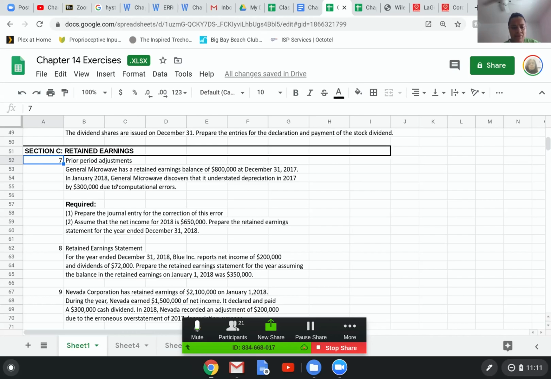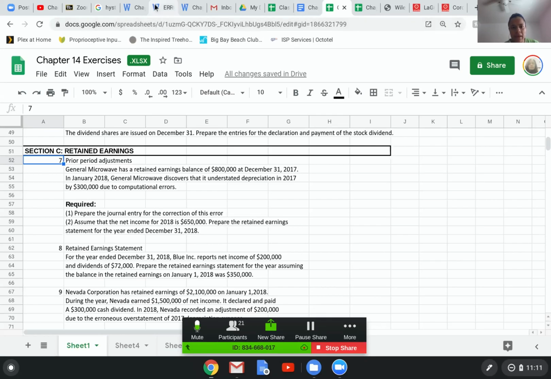Now we go into the next year, January 2018. General Microwave discovers that it understated depreciation. Anybody want to guess what it means if you understate? Is it too low or too high? Too low, right? So if you understate something, it's too low. This means that the expense was too low by $300,000 due to calculation errors.